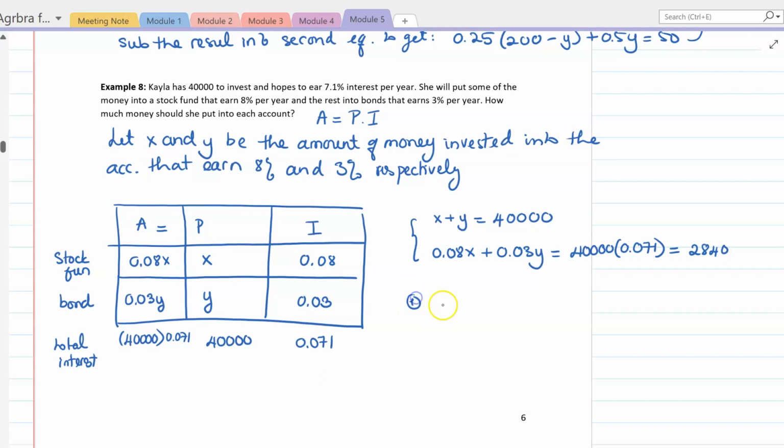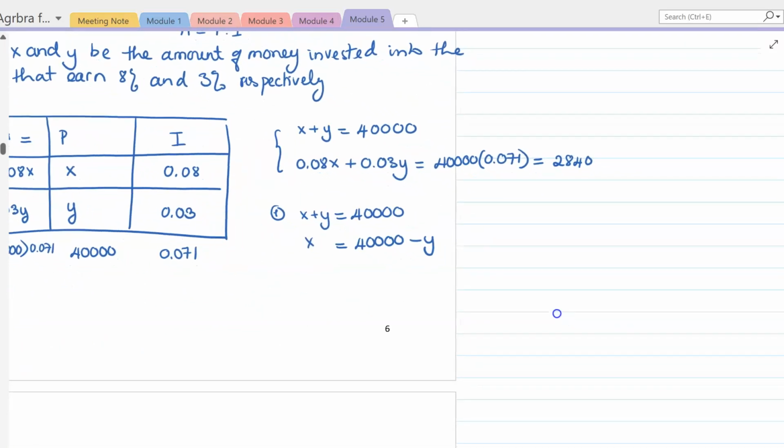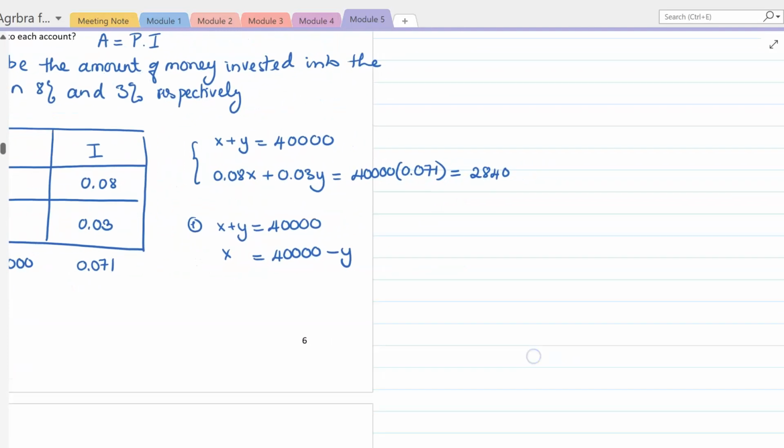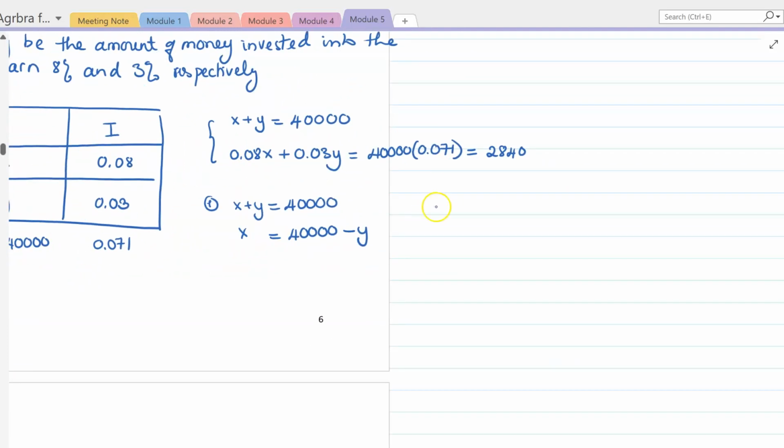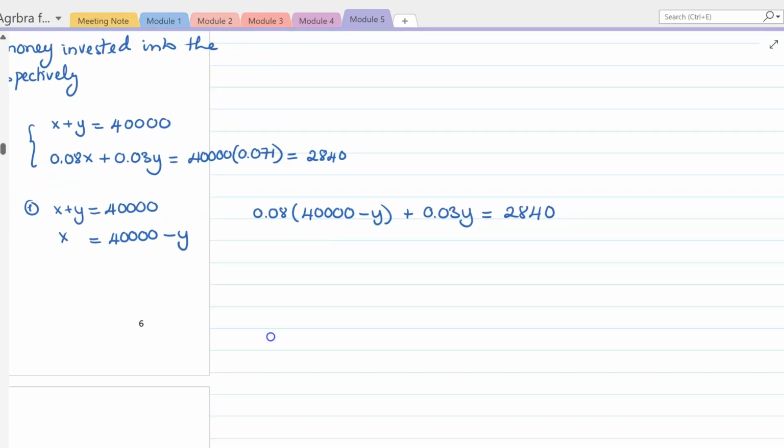I've solved for x in equation 1. Substitute this result into the second equation. Distribute.